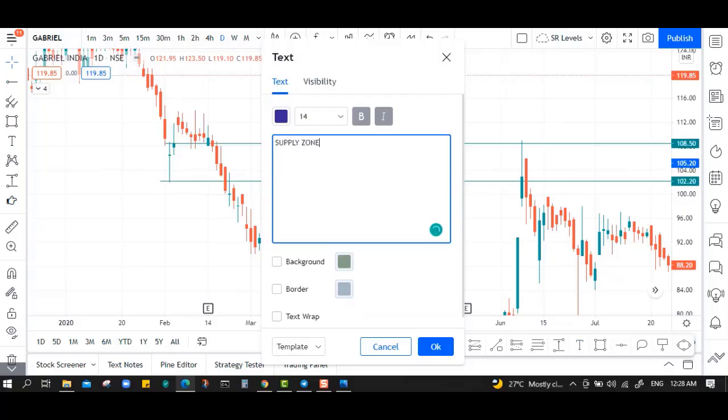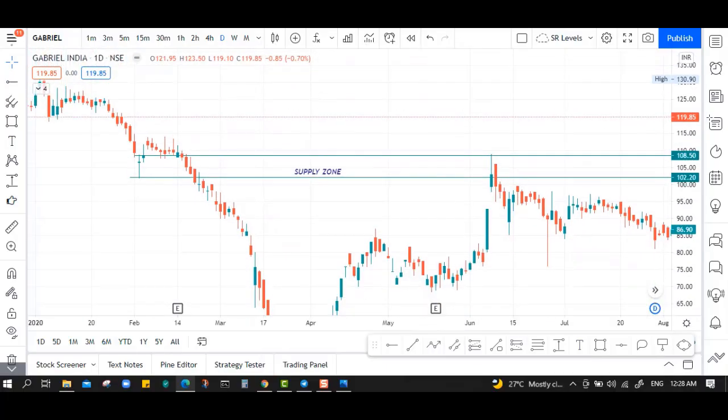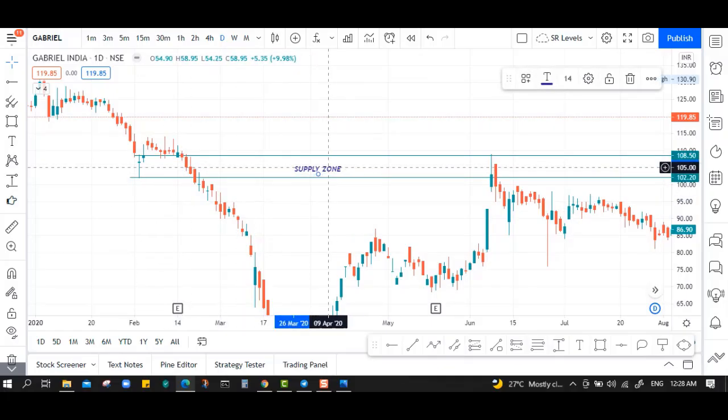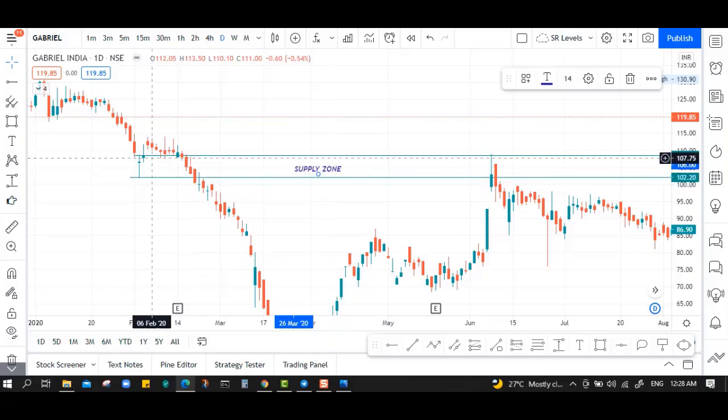This is a supply zone. So we can use this candle as a base candle to draw the zones. To draw the supply zone, you just draw the distal line at the upper shadow of the candle and the proximal line at the lower shadow.